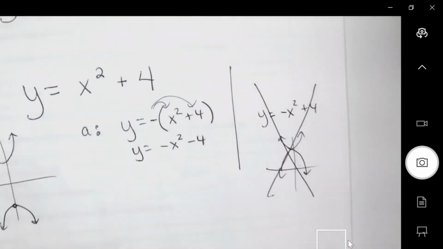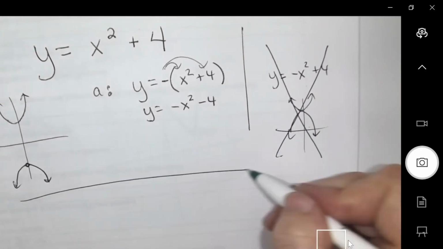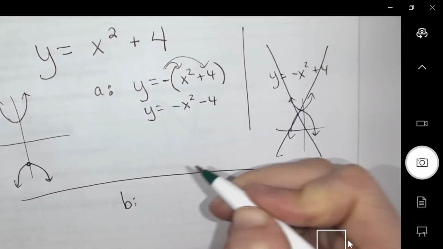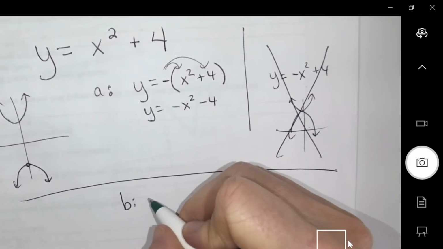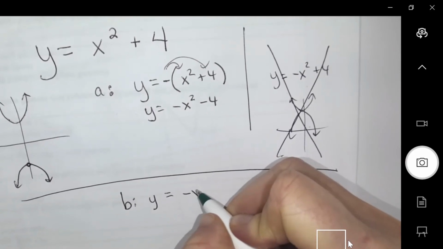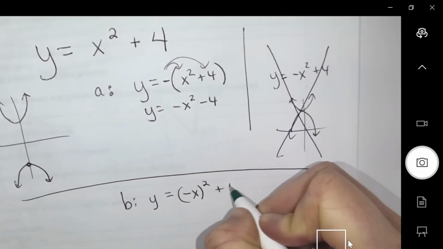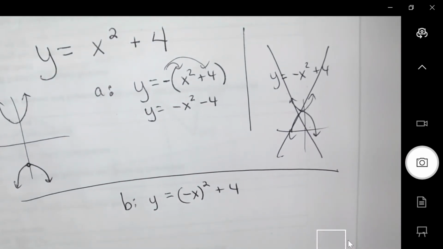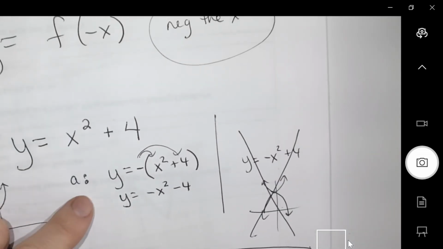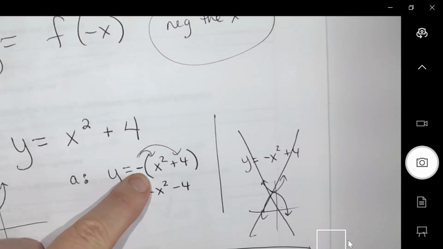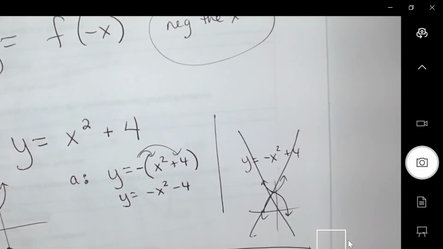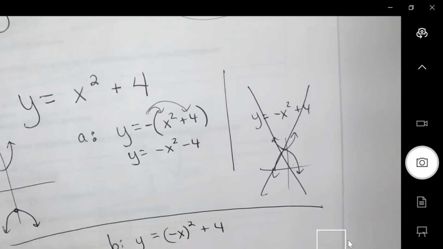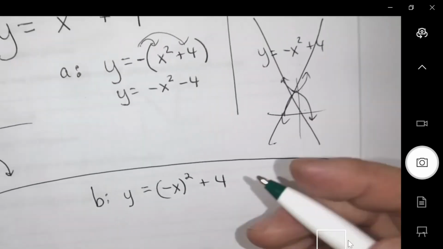Okay? Now, if I wanted to do a B, I would negate just the x part in the function. That's what I would do. So do you see the difference? This is an A where I negated the whole thing, and this is a B where I negated just the x. Okay, make your connections.